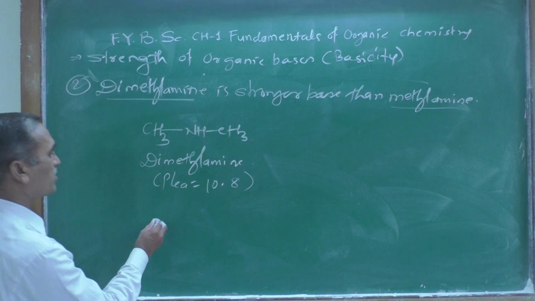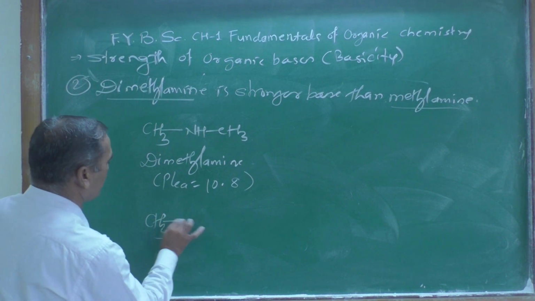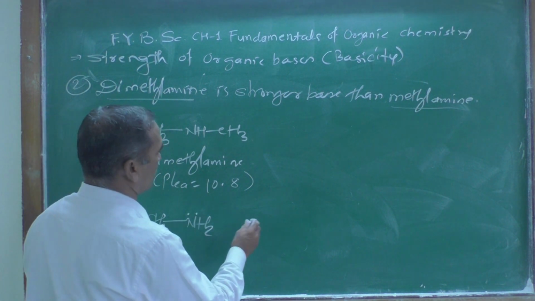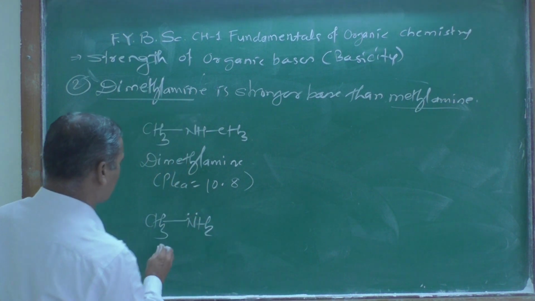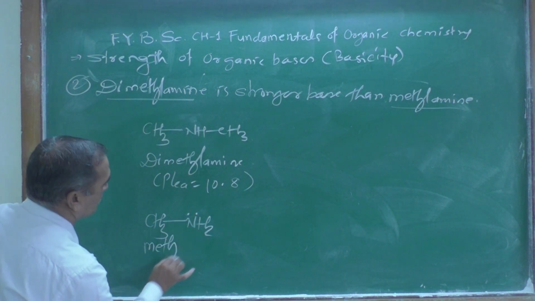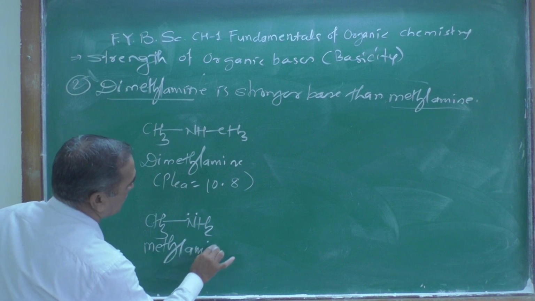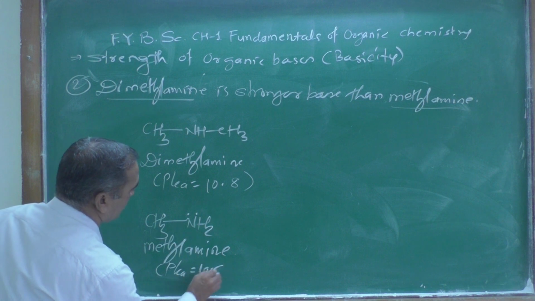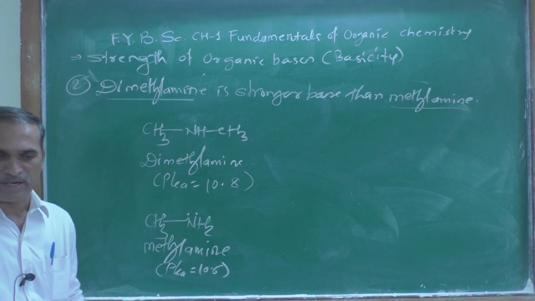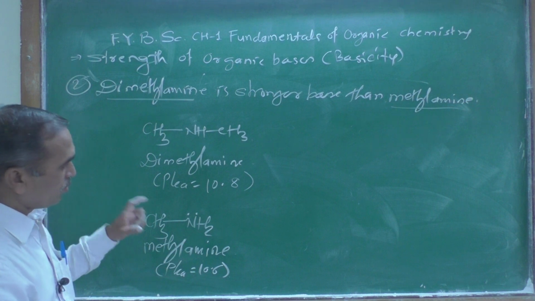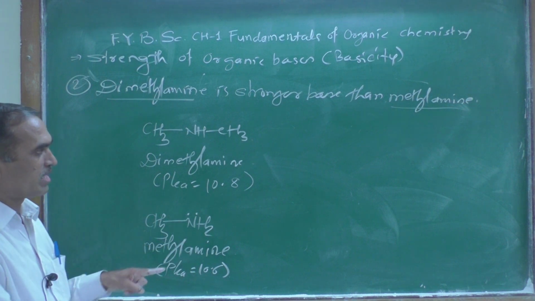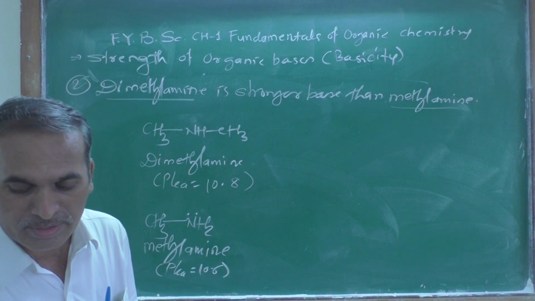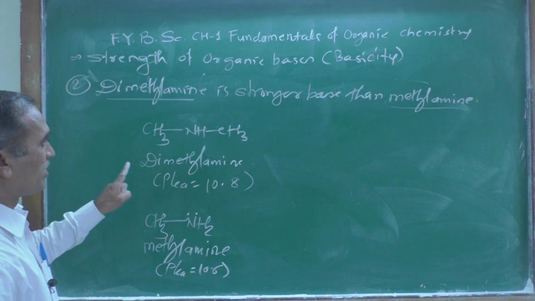This is CH3, then NH2, with a lone pair present on it, and this is the structure of methylamine, which has a pK value, just now we have seen, of 10.6 something. Roughly I am writing the pK value, but only remember, if the pK value increases, basicity goes on increasing. That is a common thing you must remember here.